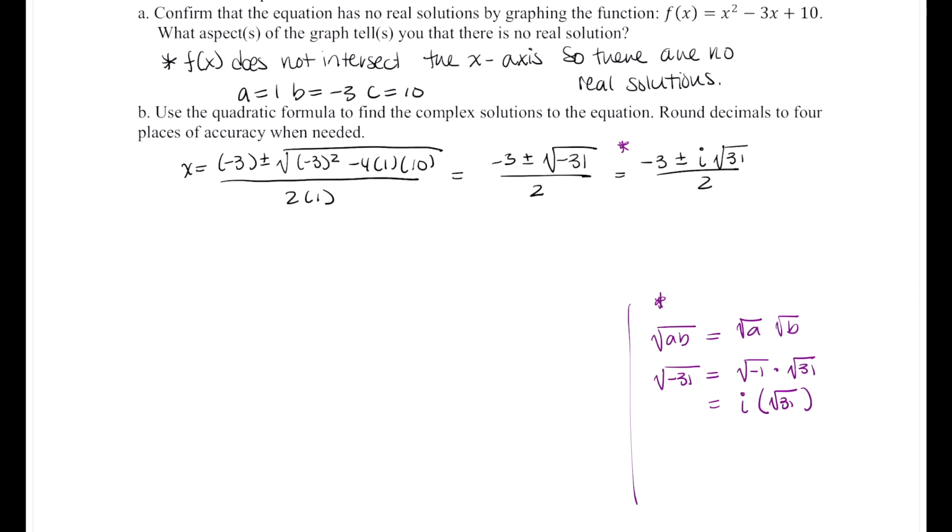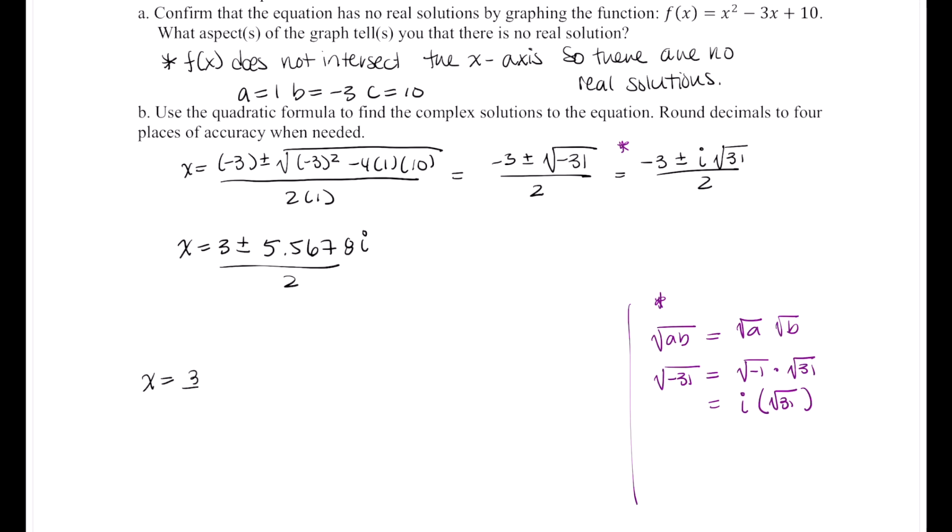And now what is the square root of 31? This rounds to, so x equals negative 3 plus or minus, and let's definitely stick to 4 decimal places, 5.5678 divided by 2. Oh, it looks like I forgot my i here. Let's not do that, or we might just forget that we have a complex solution here.